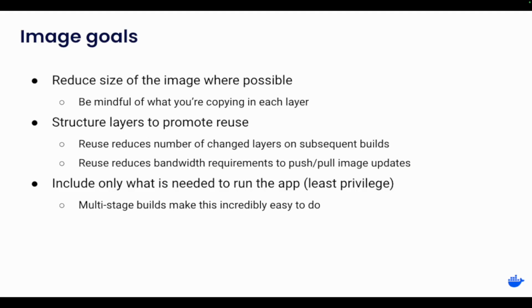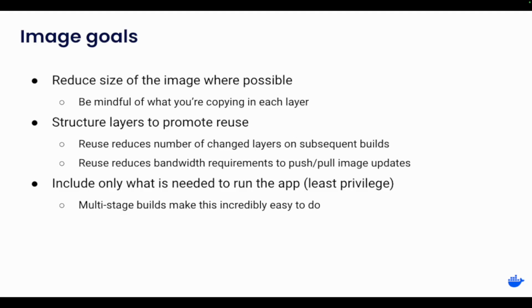All right, so let's talk about some goals when building our images. The first is we want to reduce the size of the image wherever possible. We don't need extra stuff in the image just to have it there. The next is we want to structure layers to promote reuse. So we want to try to make it so that the layers help us to build images faster and make it easier to work with. And then we only want to include what's needed to run the application.